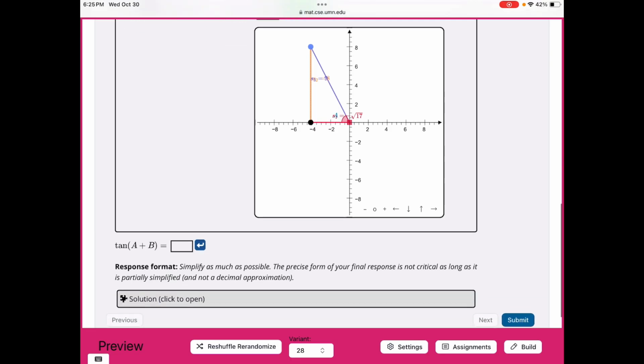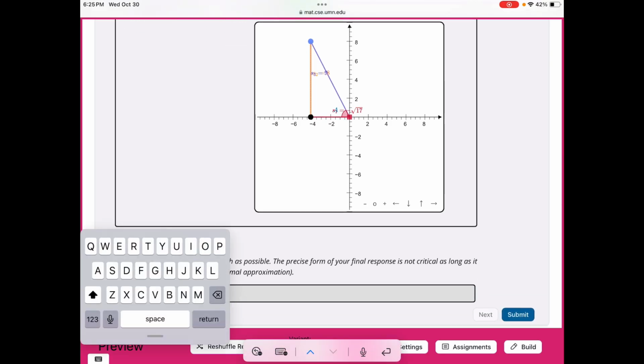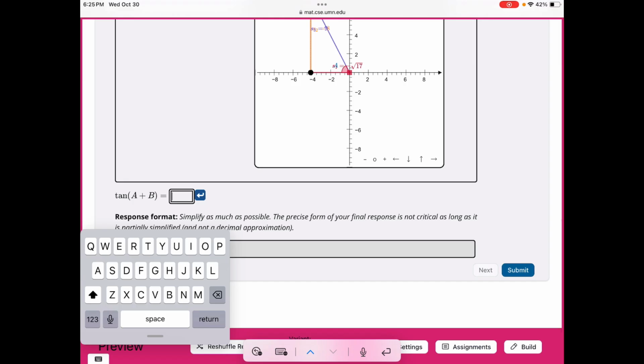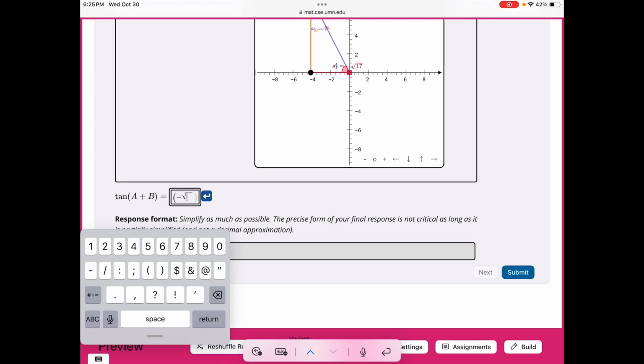All right, so we have just calculated our answer, and let's go ahead and check it in the Math tool. So we had negative square root of 17. And then I need to get my cursor out from underneath the radical, and then it is minus 8 square root of 35.